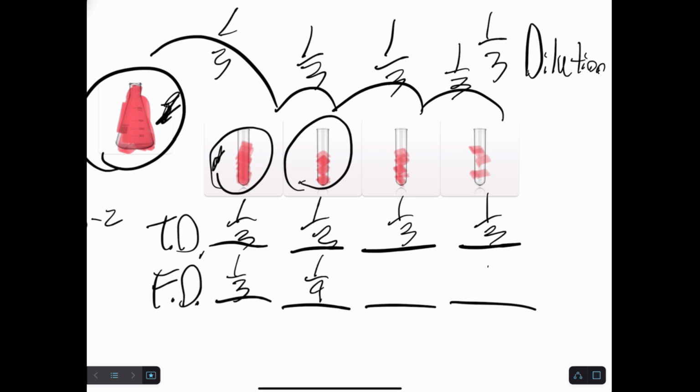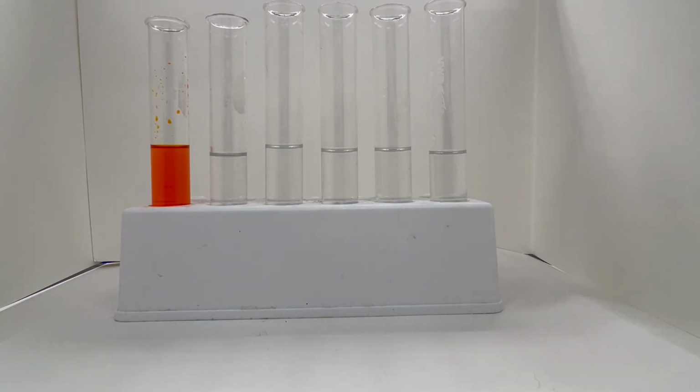For the third flask, that'd be 3 to the -3rd, which is 1/27. And for our fourth, compared to our initial beaker, it's 3 to the -4th, or in other words, 1/81.